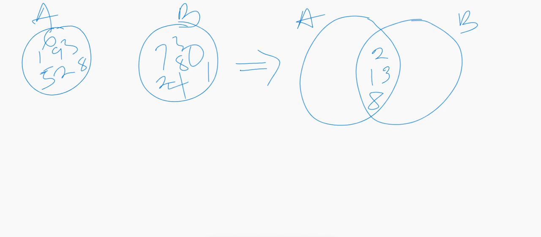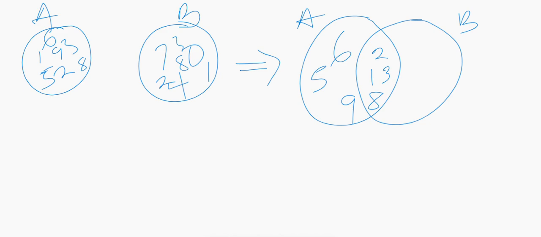So what is left for A to be complete? I think we have 1, 2, 3, 4, 5, 6, 7. So we have 7 items in A and it is complete if you look at it.